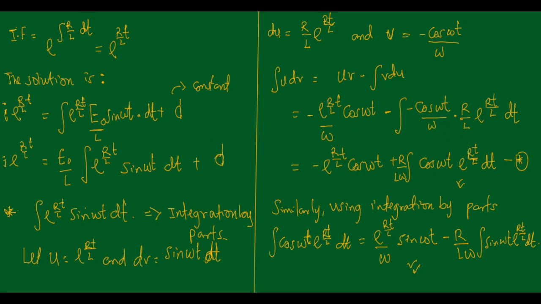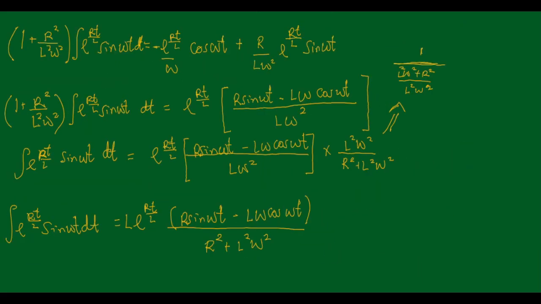So now we are going to bring this back. So now we can recall that I e raised to power Rt over L is equal to E naught divided by L multiplied by the integral of e raised to power Rt over L sine omega t dt plus the constant d.